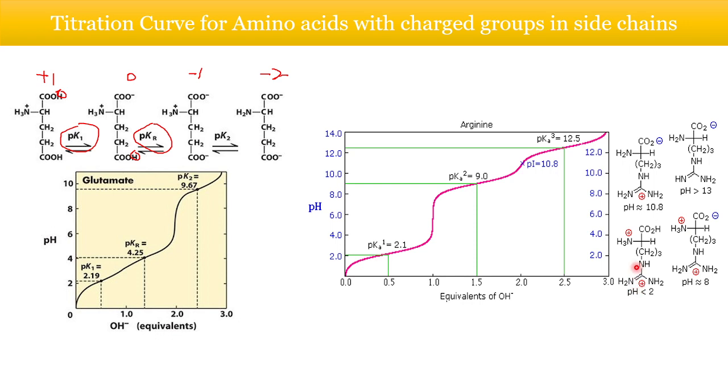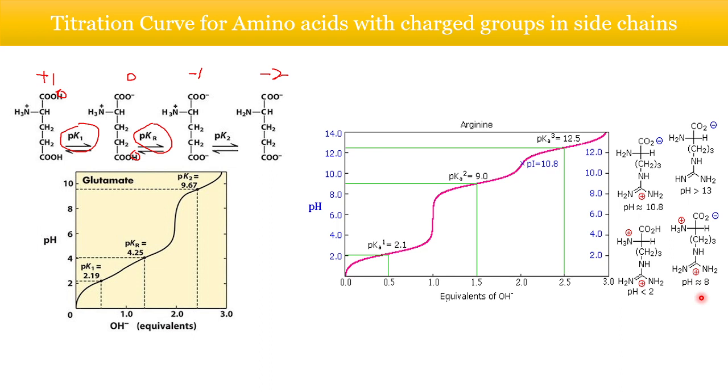Then when we increase the pH, say to 8, the carboxyl group would lose a hydrogen, and it would be in the +1 state.